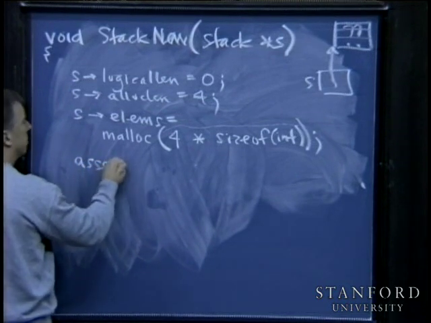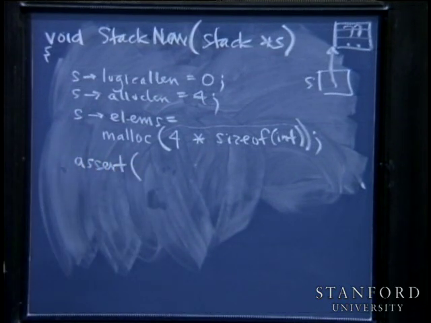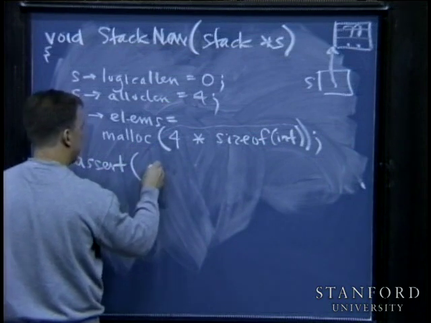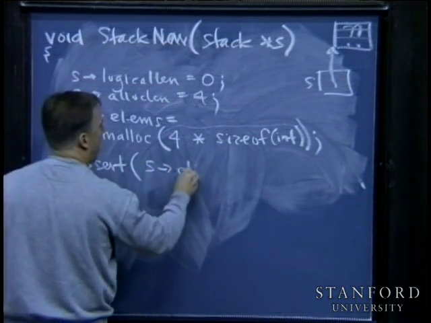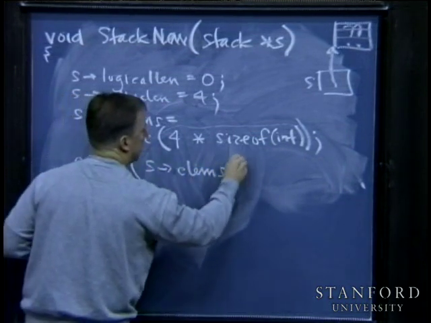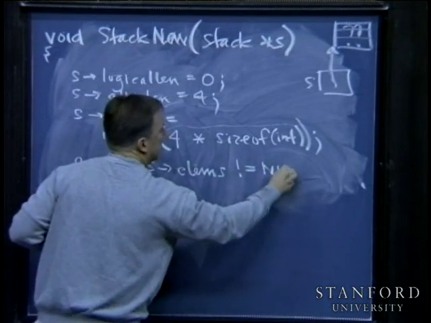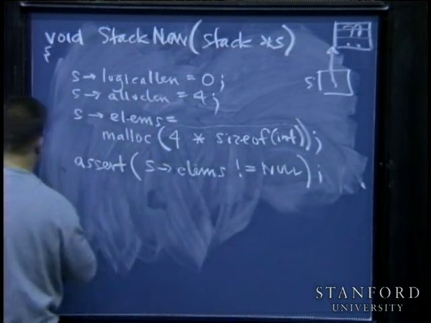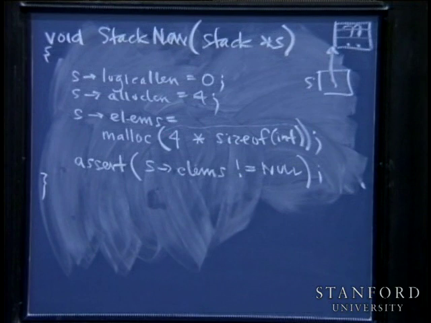There is some value in actually doing this. You've seen the assert function in the starter code for assignment 1. It's actually not a function, it's a macro. There's this thing you can invoke called assert in the code, which takes a Boolean value, something that functions as a test.